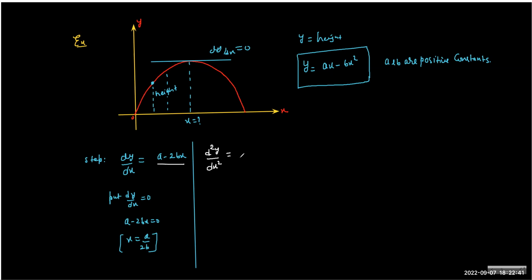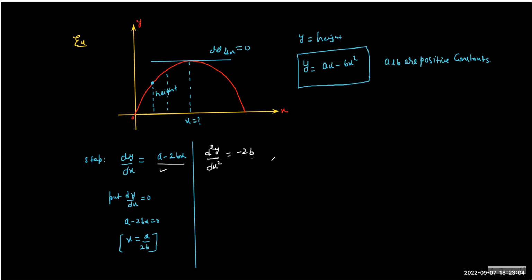Differentiate this function once more. What will you get? Come on, tell me. Minus 2b. Minus 2b, excellent. And luckily there is no variable here, just a value.